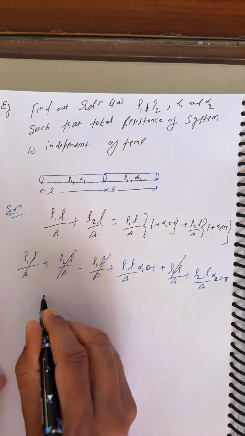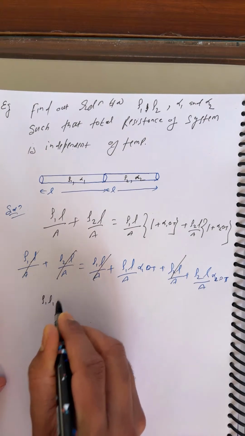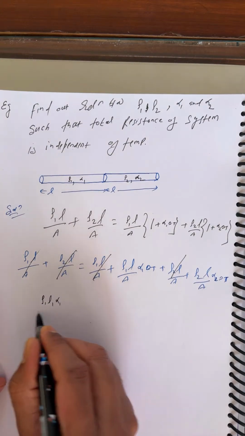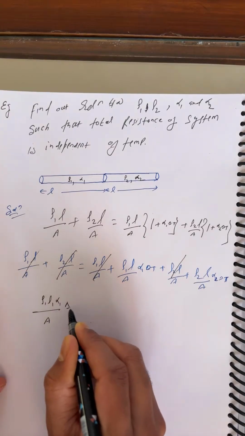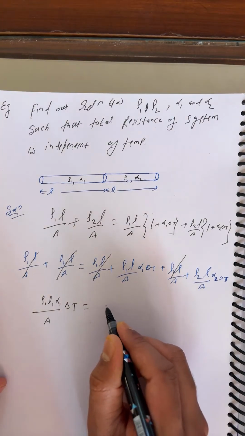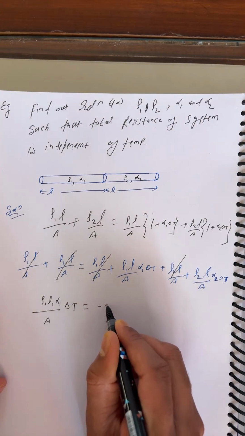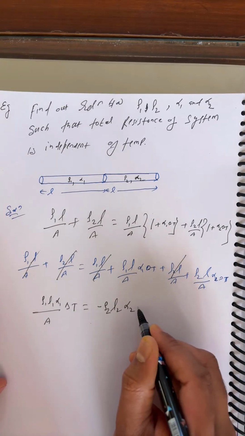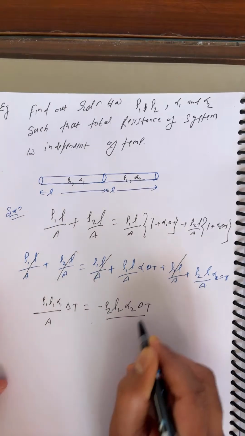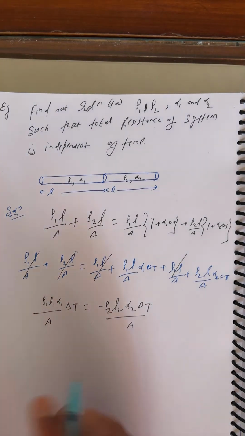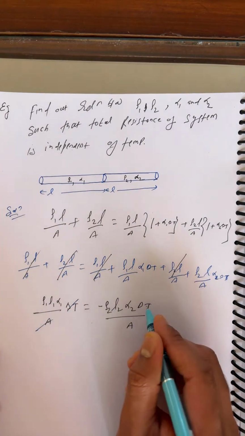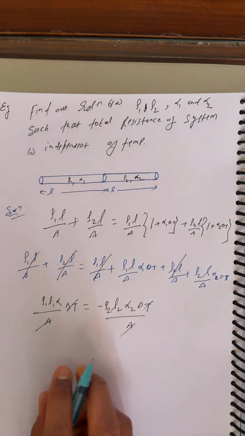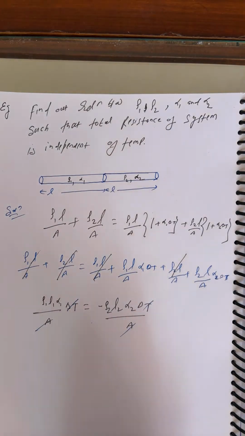Rho 1 L1 alpha 1 upon A into delta T is equal to minus rho 2 L2 alpha 2 into delta T upon A. Delta T and A cancel each other, so what will we get finally?